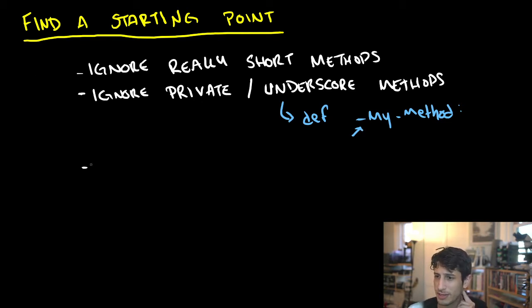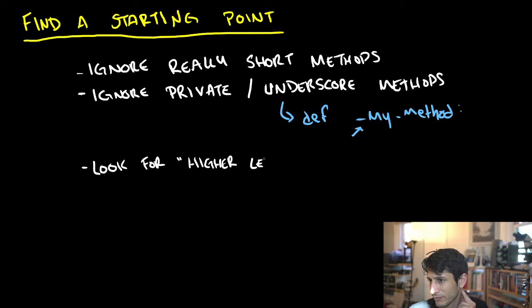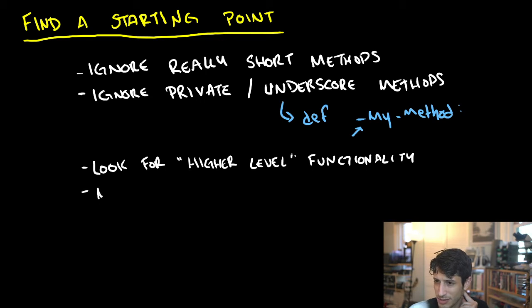And then failing that, look for higher level functionality, or methods that call lots of other methods. And we're talking specifically about methods that call lots of other methods in our code base.